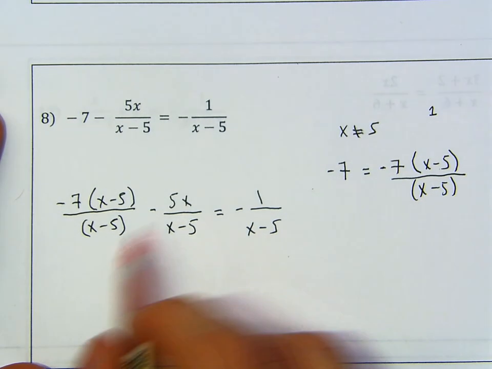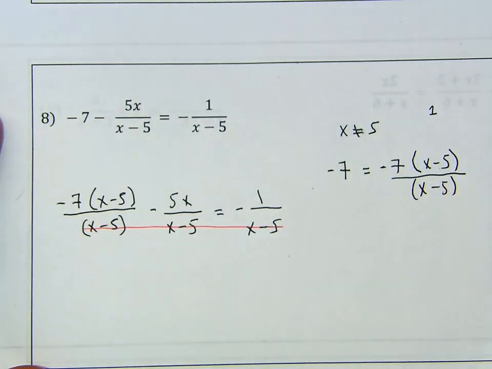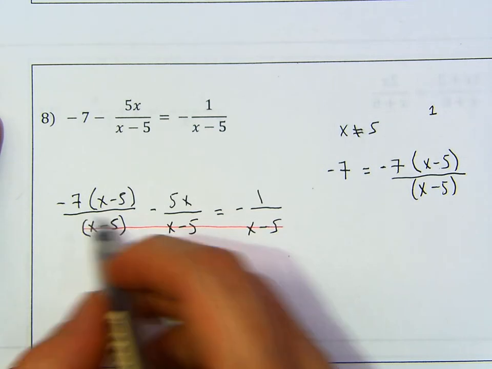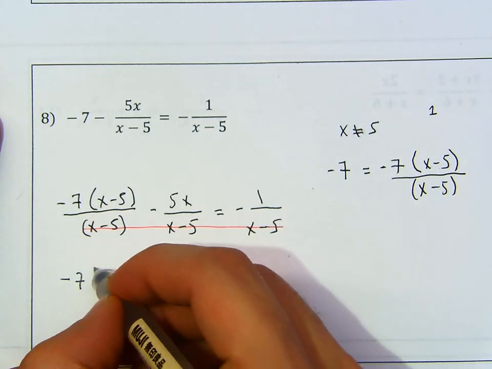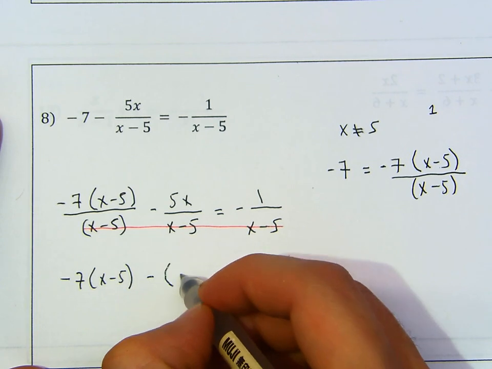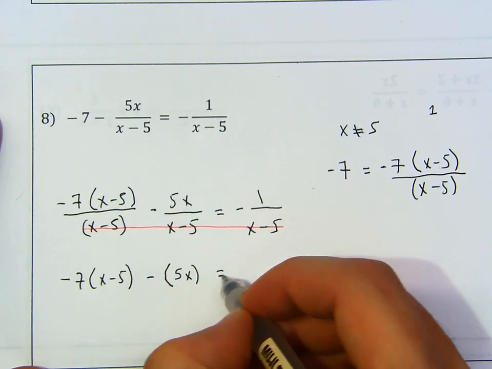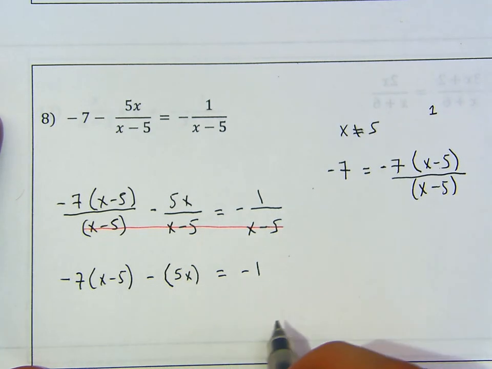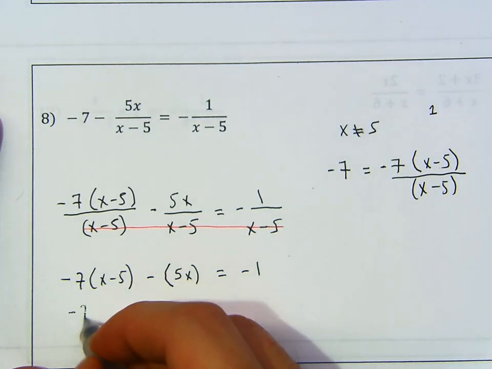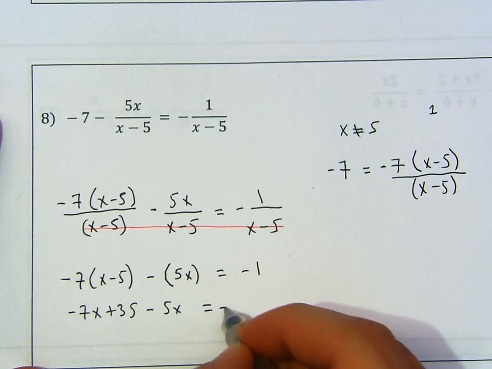So here, all the denominators are the same, so we're allowed to cancel them out. Now we just have -7 times x minus 5 minus, and anytime you see a minus, let's just put a parentheses here, just so you don't make a careless mistake. And then here, this is -7x plus 35 minus 5x equals -1.